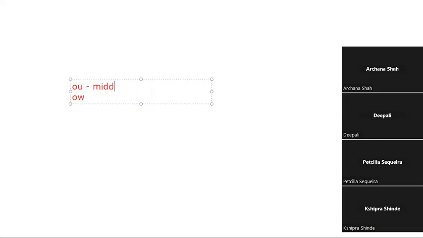OU comes mostly in the middle of the words. Cloud, proud. So, OU sound is coming in the middle. Whereas when you have OU sound at the starting, it is OW, like in the word owl.